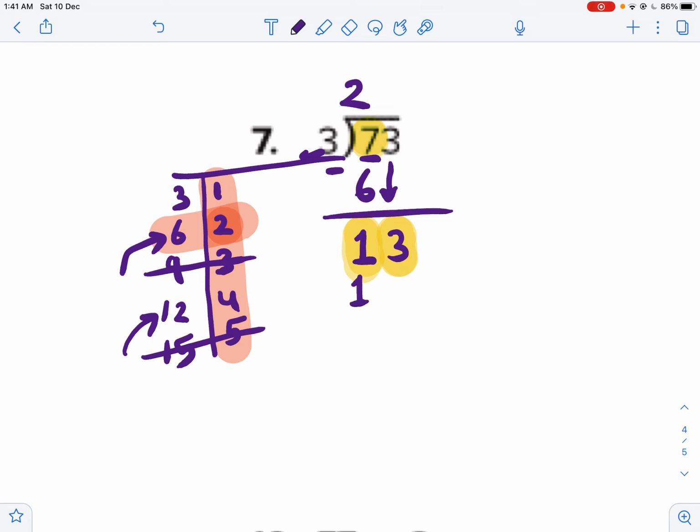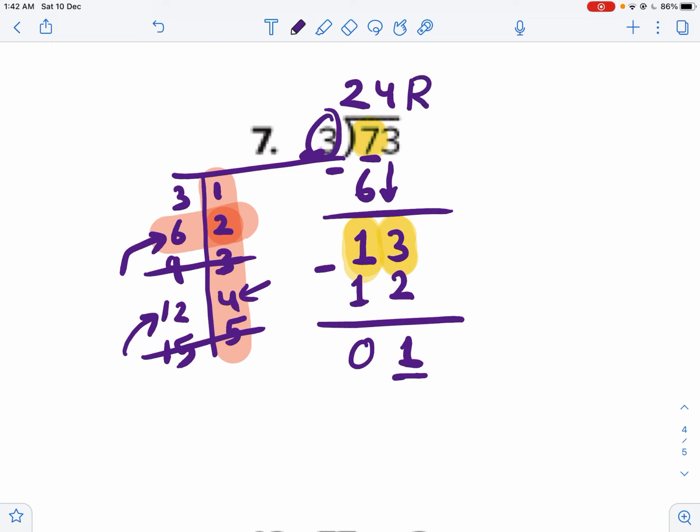You will write the 12 here, and the hero this time was the 4. You will write it up here. Next you subtract. 3 minus 2 is 1, and 1 minus 1 is 0, so this 1 is smaller than the 3. You can't divide it, so you will consider it as your remainder. So you will say the answer is 24, the remainder is 1.